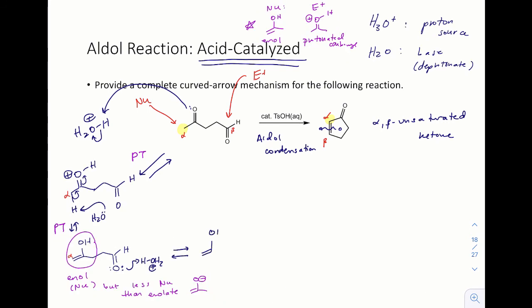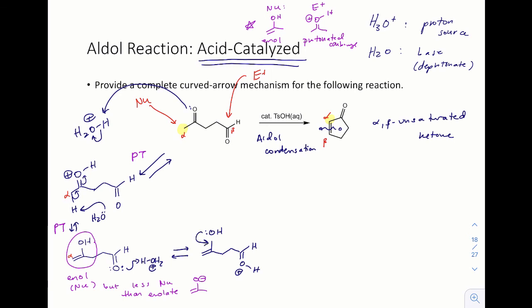When the aldehyde is protonated with hydronium, it is now electrophilic enough to react with the enol. Referring to the top of the page, there's an enol nucleophile and the protonated carbonyl electrophile. This is the main difference between the base and acid catalyzed aldol reactions. In base, it was an enolate and just the carbonyl, which didn't have to be protonated. But in the case of the less reactive enol, it is the protonated carbonyl that is the active electrophile, electrophilic enough to react with it.